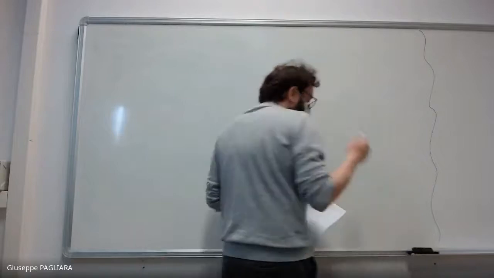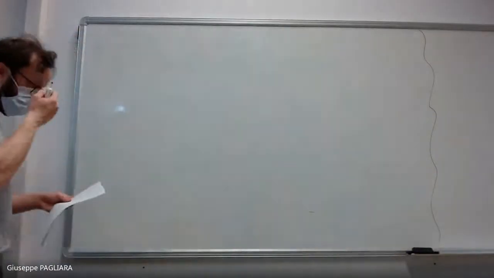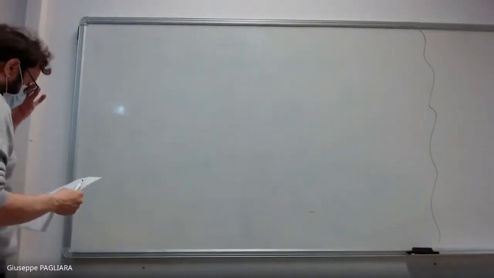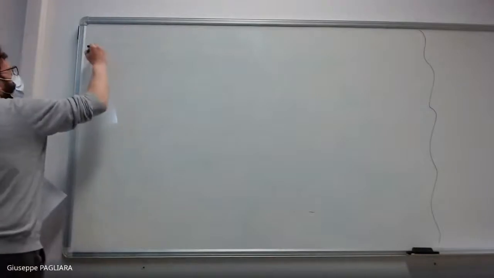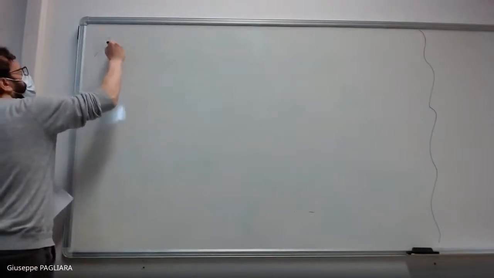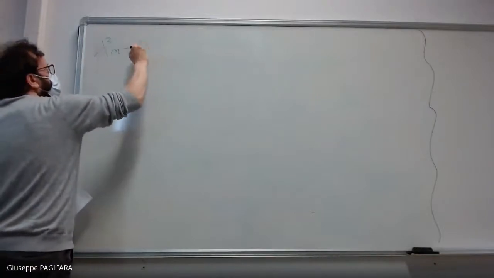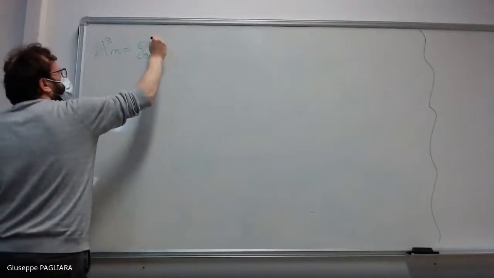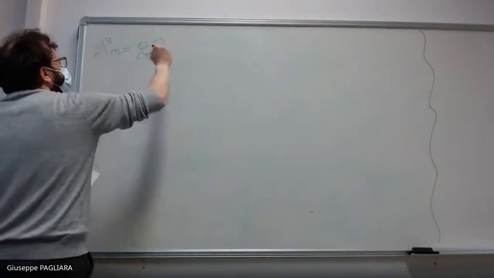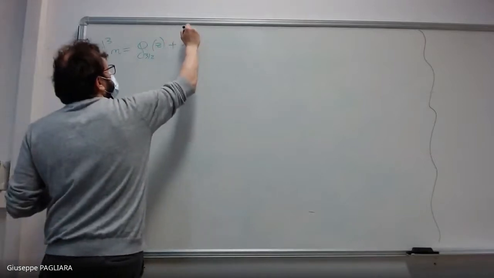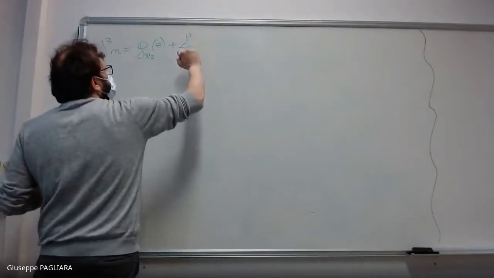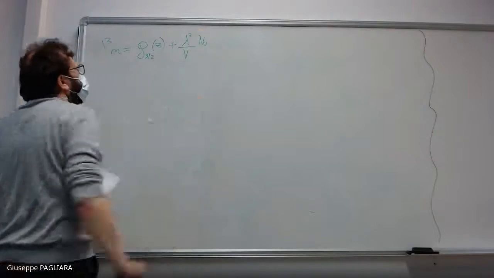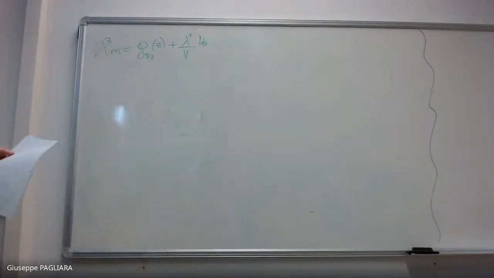The starting point is the equation that we wrote at the beginning, which is the following: g_{3/2} of z, and here you have lambda cubed divided by the volume, and here I have this N_0.